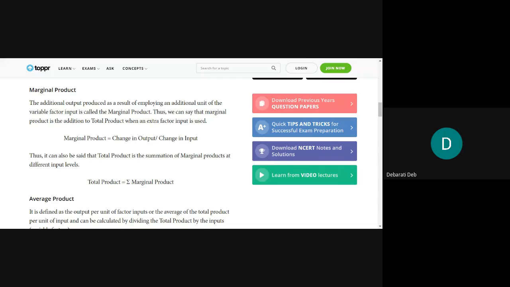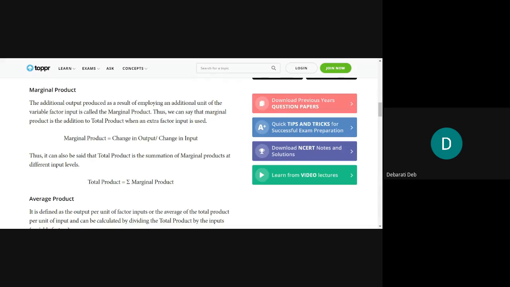Due to the incorporation of that additional unit of the input, whatever additional output you are producing, that is nothing but your marginal product. If you are incorporating one additional unit of a variable factor input, or the variable factors of production, one extra input only, and due to that, whatever additional output is occurring, that is nothing but your marginal product.